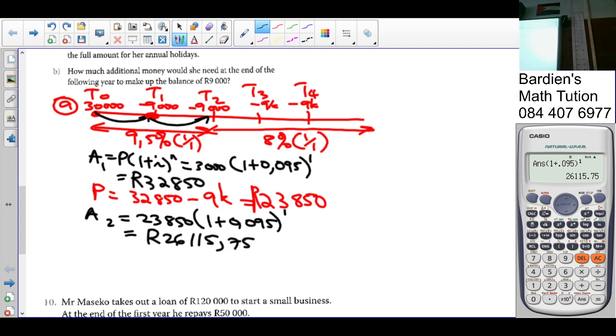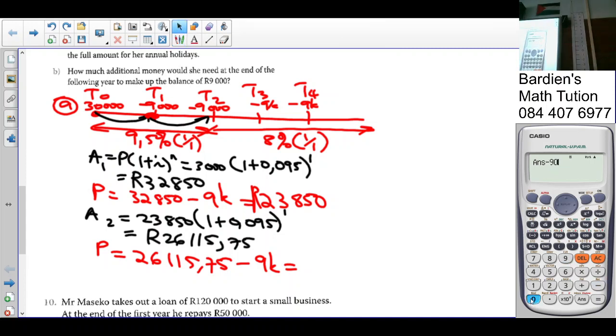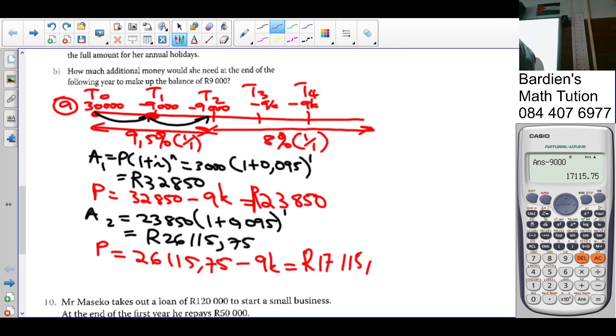So what happens now? You draw interest again, and you draw your 9,000 Rand again. So you subtract 9,000. That gives us 17,115 Rand and 75 cents, which now becomes the principal at this point.